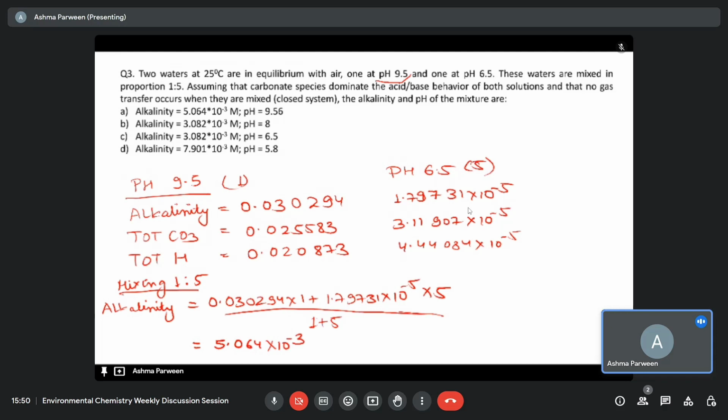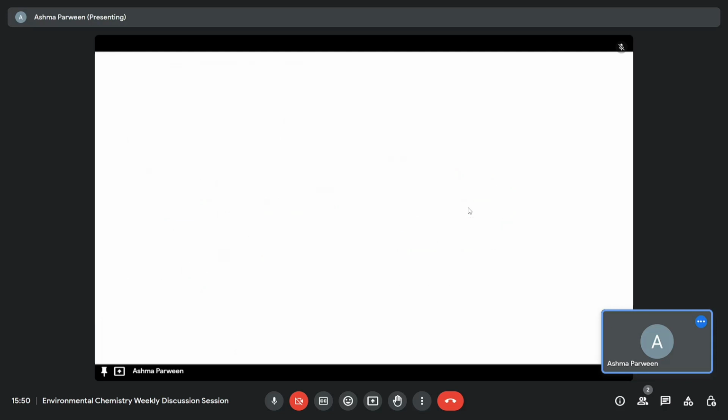Now let's move to the next part. It will be equivalents per liter, and total H, with mixing ratio 1:5.